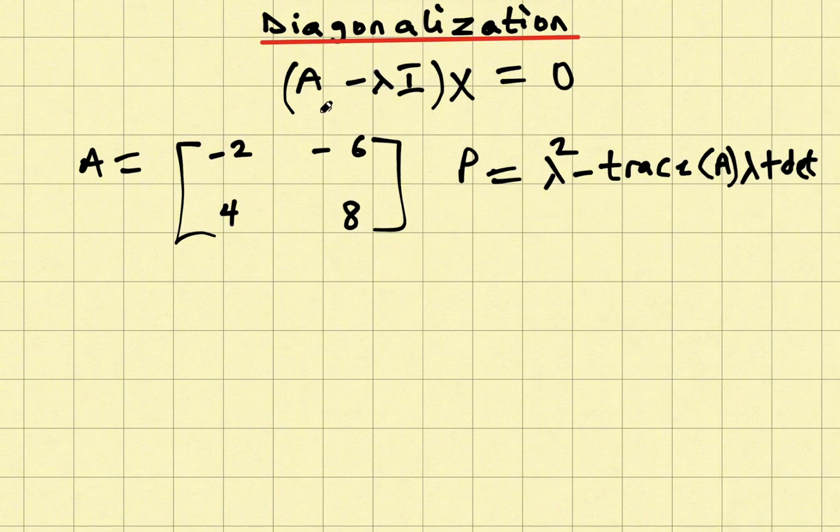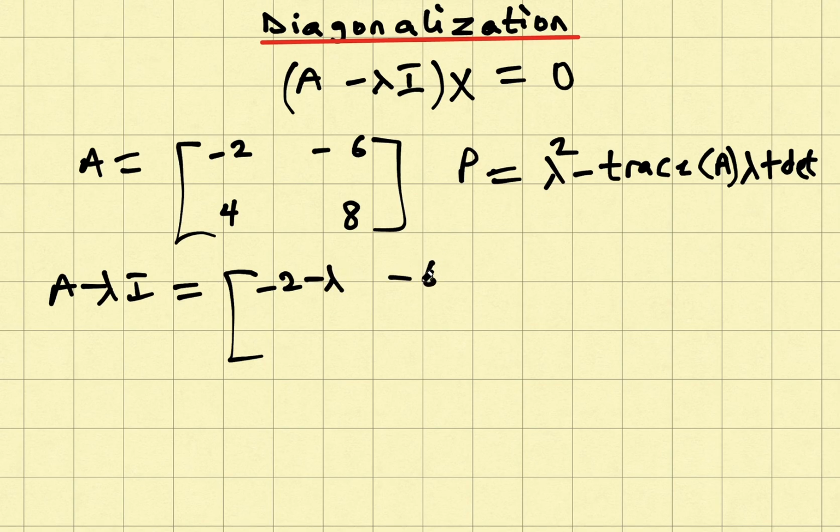Of course, I could just subtract lambda from each of these and multiply it out and re-express what I'm going to get. So for instance, if you do this A minus lambda I, which is what you find the determinant of to get the characteristic polynomial, you're going to get something of this nature: then you have -6, you have 4, and you have 8 minus lambda.